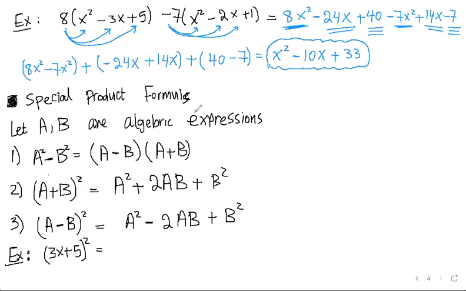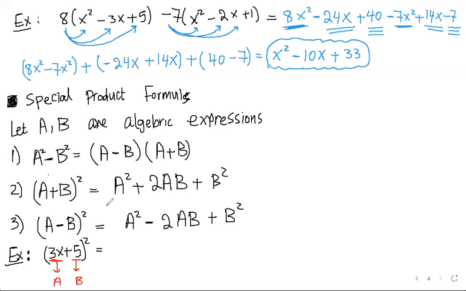Here, 3x is my capital A, and the 5 is my capital B, and we're applying this formula.